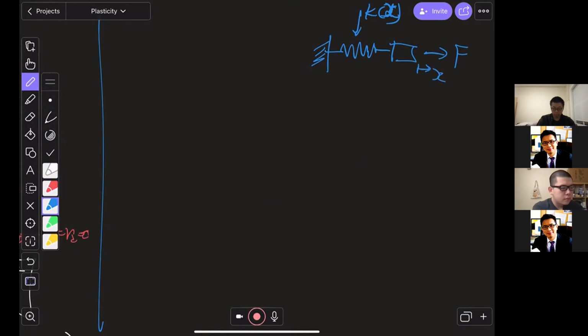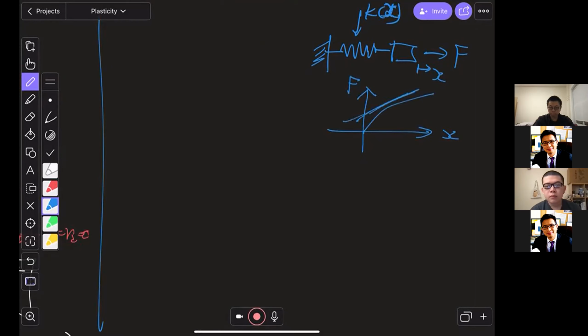Okay. So let's say that I have a constitutive response relating X displacement to force, and that relationship happens to be nonlinear, but you never get to the point where you get a flat line.